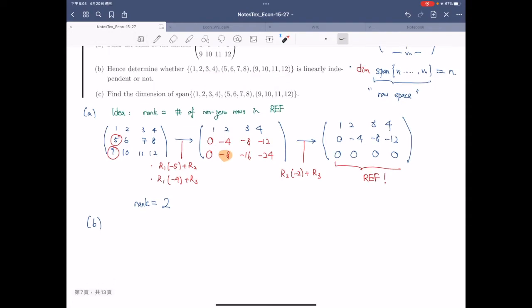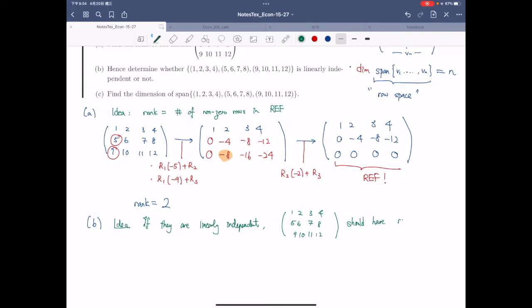So the idea is that if they are linearly independent, then the matrix formed by these 3 vectors, putting them as rows, so this matrix 1, 2, 3, 4, 5, 6, 7, 8, 9, 10, 11, 12, should have rank equal to 3. Right?